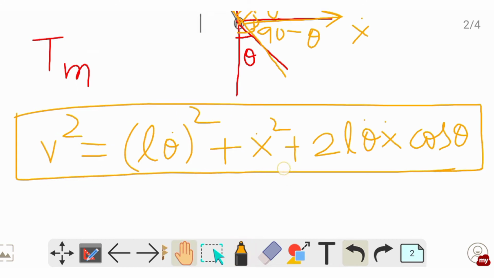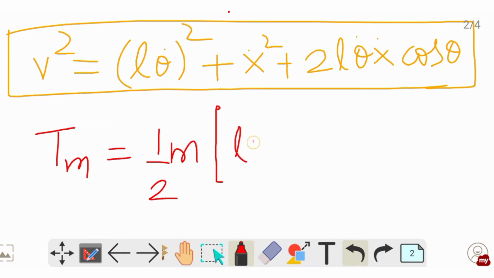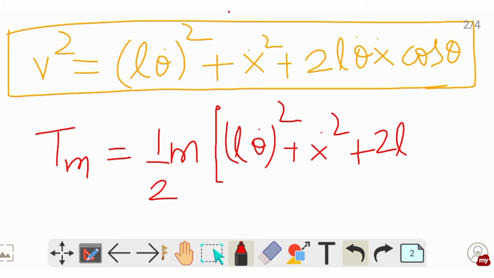So what is the value for the kinetic energy? The kinetic energy for the small mass is equal to half m v square, but v square is equal to L square theta dot square plus x dot square plus 2L theta dot x dot cos theta.